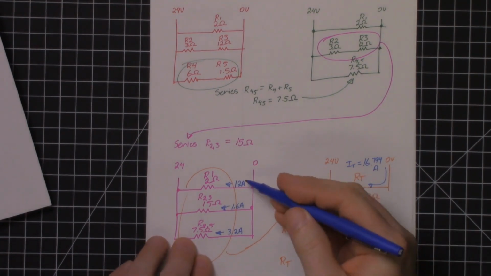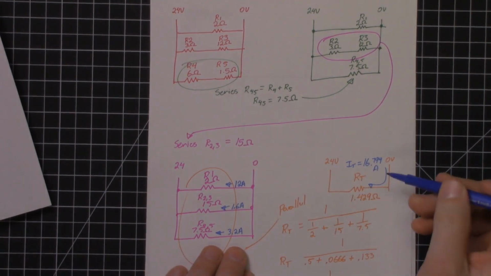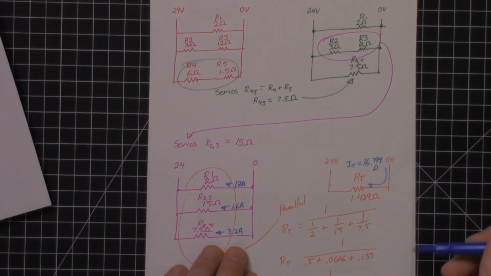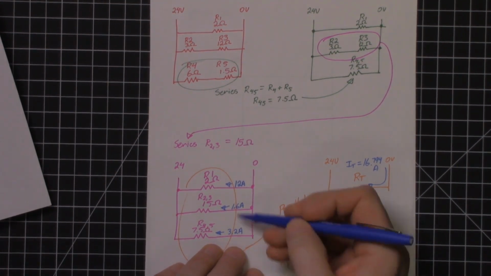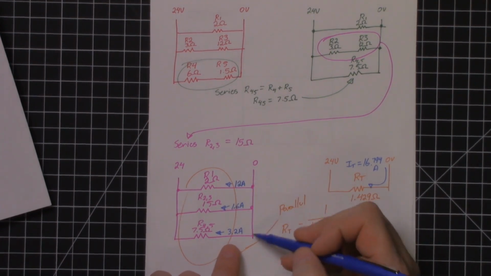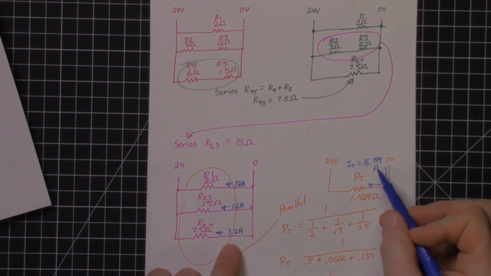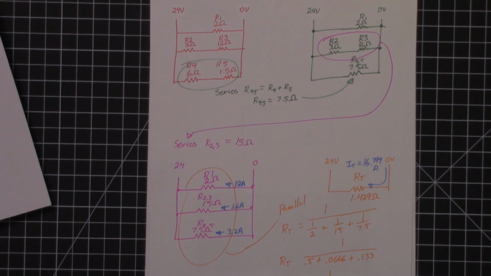So we can see all of these should then add up to about 16.8, and it looks pretty close. Let me just go through it in the calculator. 12 plus 1.6 plus 3.2 is 16.8. So all these amperages add up to our total current, which is excellent.